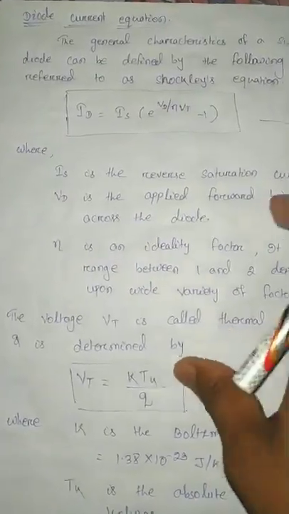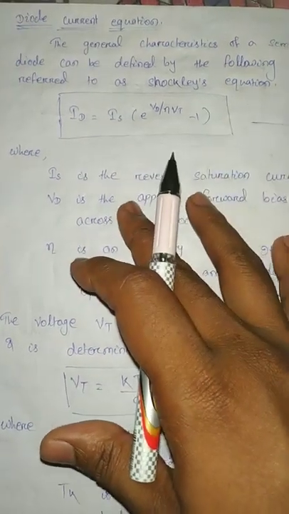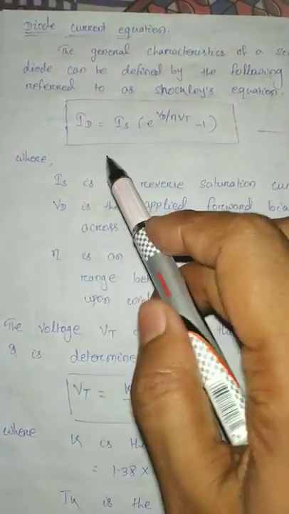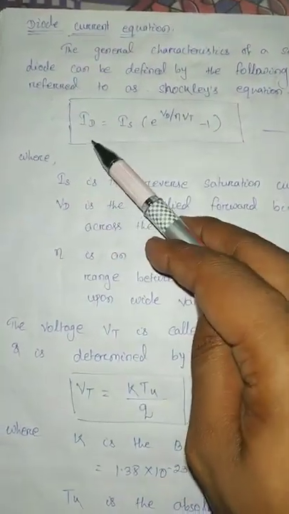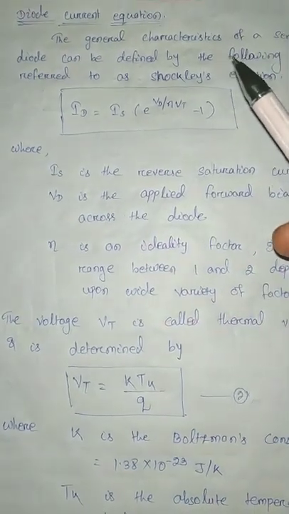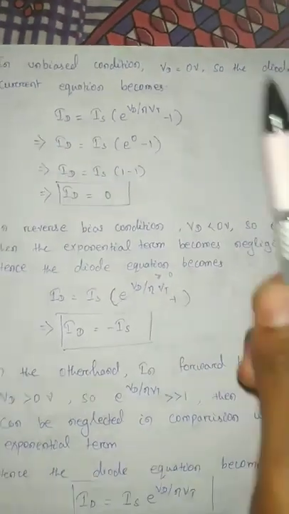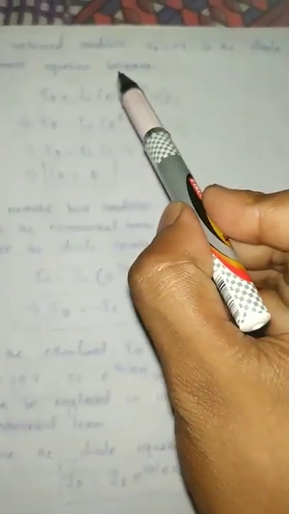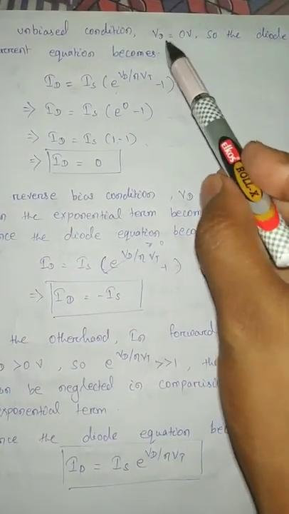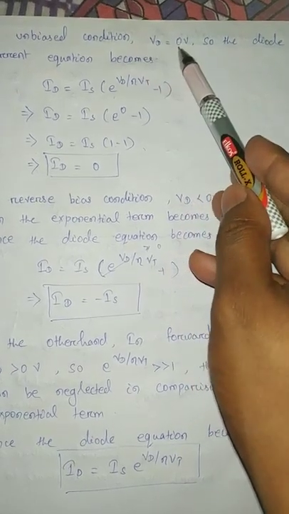Now we verify this diode equation in three different regions of operation, that is unbiased condition, forward bias condition and reverse bias condition. First, coming to the unbiased condition. In unbiased condition, we know that the supply voltage is 0, that is Vd equal to 0.